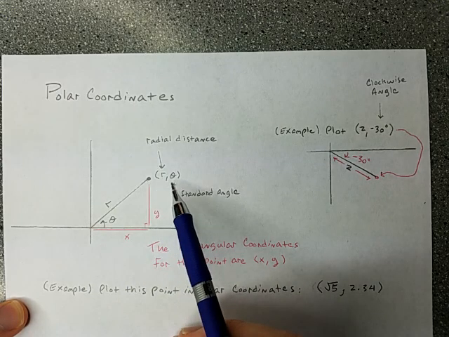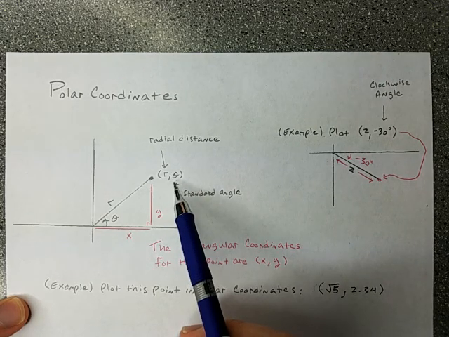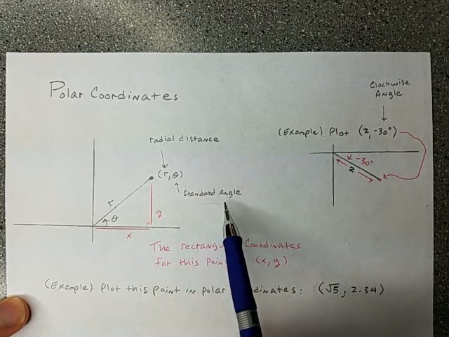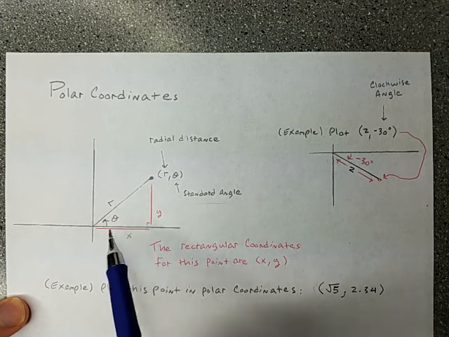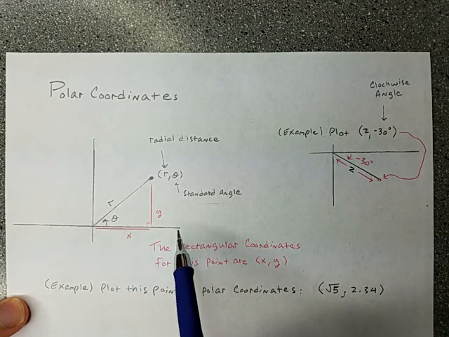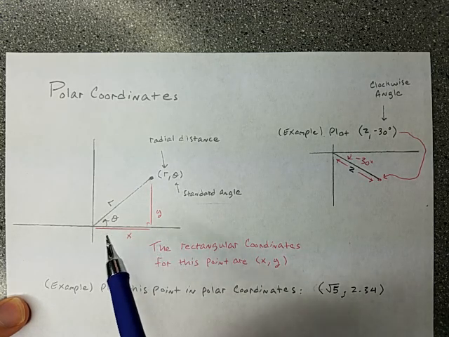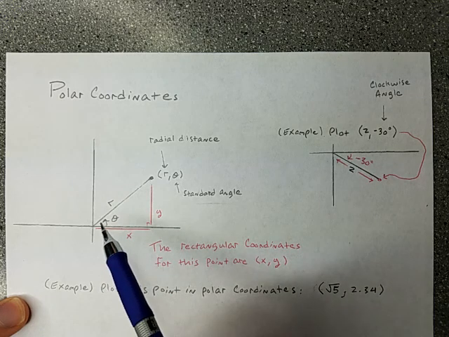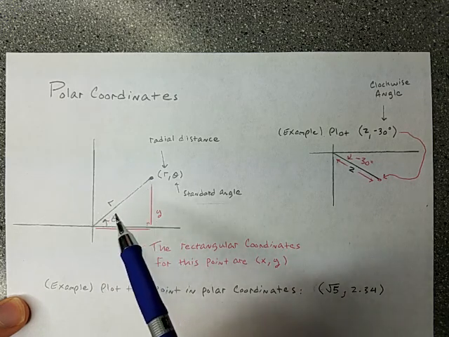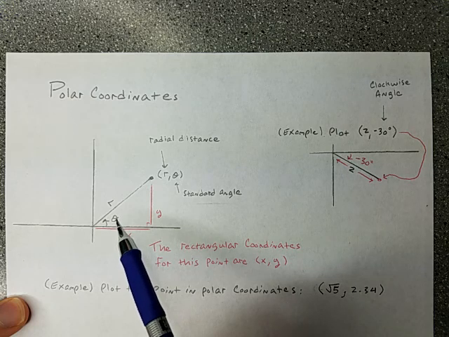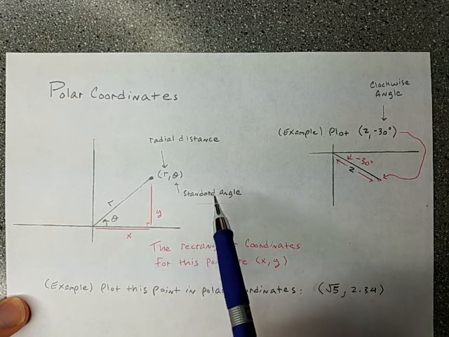The coordinates of the point take the form r and theta. Theta is a standard angle, meaning it's rotated from what we would call the positive x-axis, and r is a distance in the direction that's established by theta. So we get a radial distance and an angle.